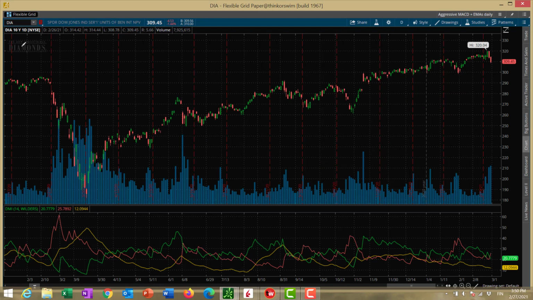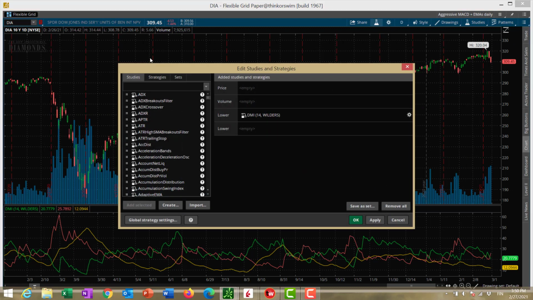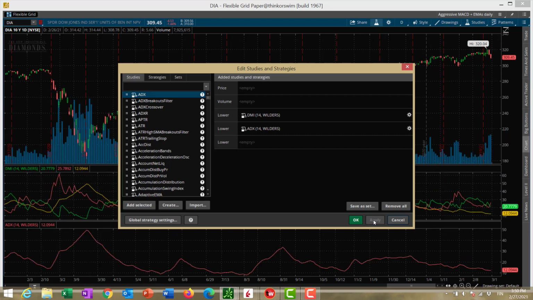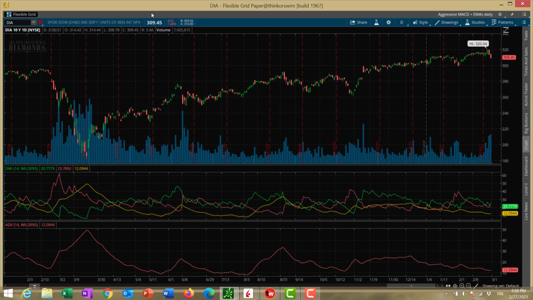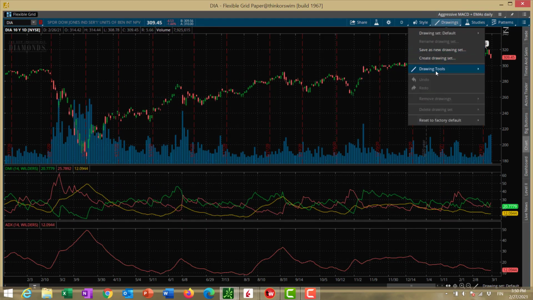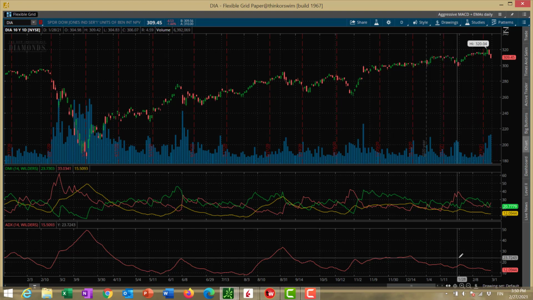Maybe it's easier to do on this side. So if I add only ADX 14 Wilders, and here I'll add the 20 level. I'll add a level here at pretty much 20.